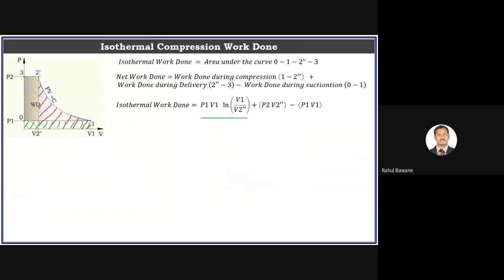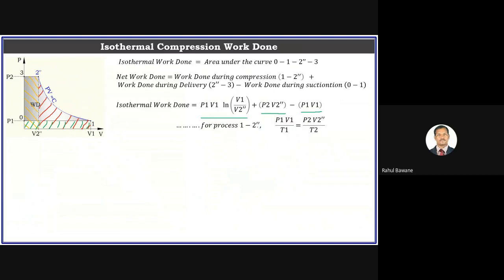This is our work done under this isothermal process, plus the vertical rectangle, that is P2 V2 double dash, and minus the horizontal rectangle P1 V1. So when we do all these calculations, we get the exact net work done by isothermal compression.